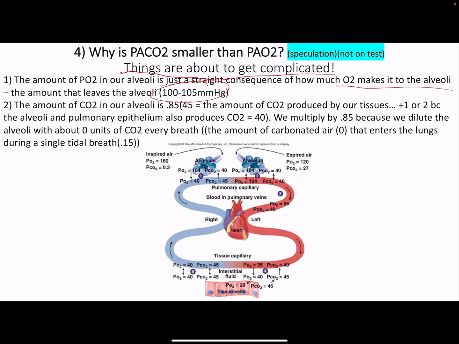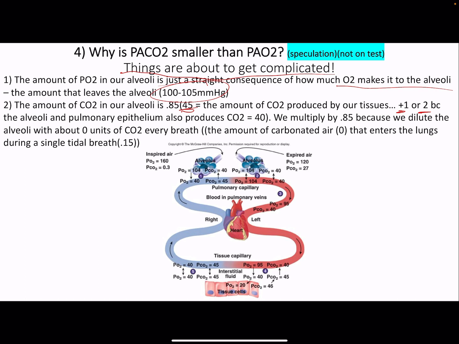What about the CO2? Well, we're producing about 45 units of CO2 in our blood. And when it gets into the alveoli, well, the endothelial and epithelial tissue, the pneumocytes, they're cells, they're living, they're generating a little bit of CO2 as well. So it should go 45, 46, 47, goes up a little bit.